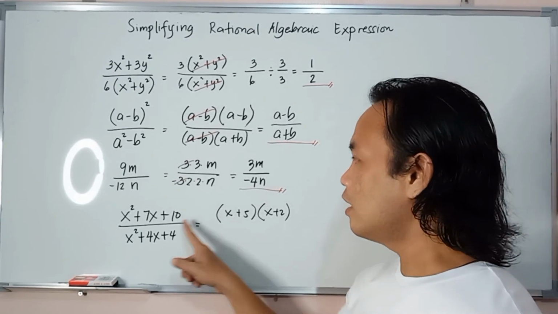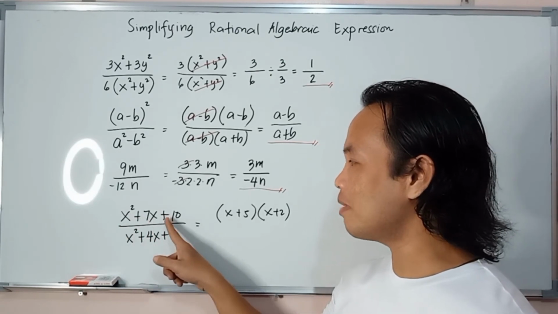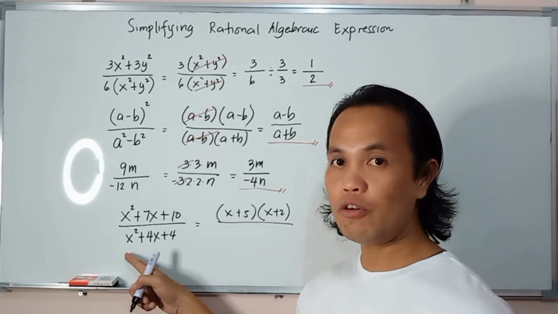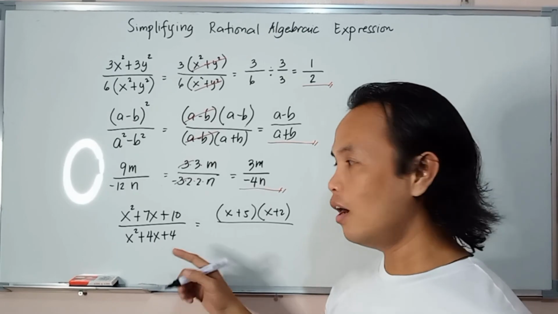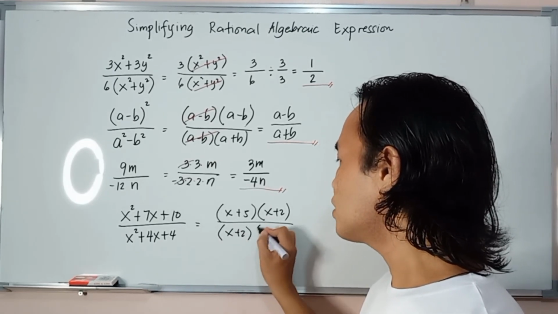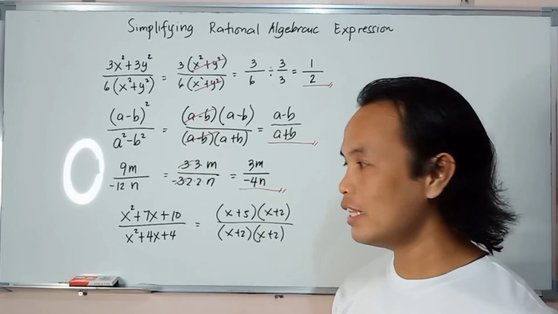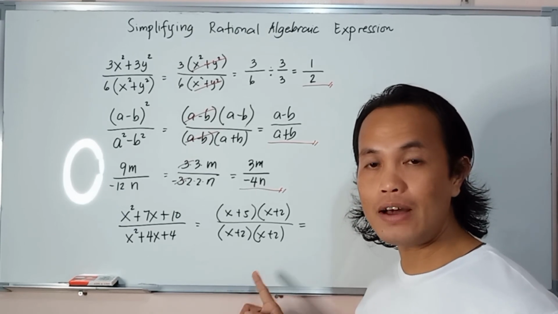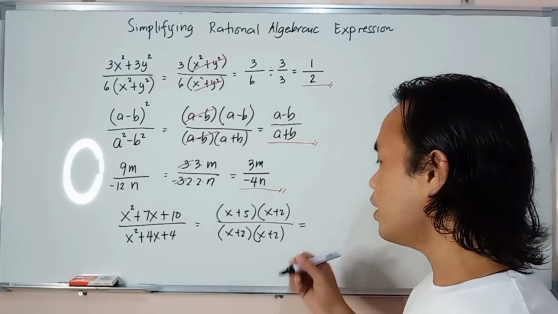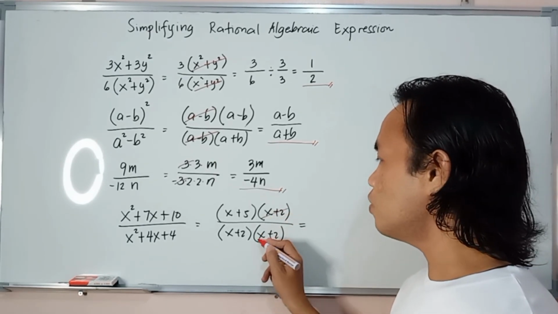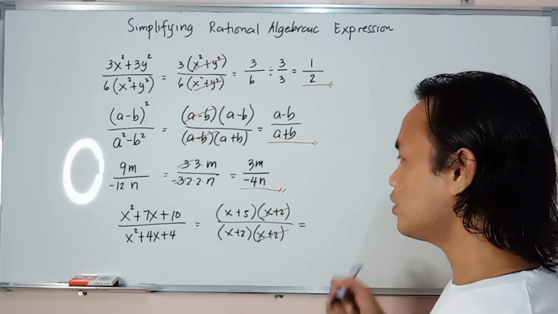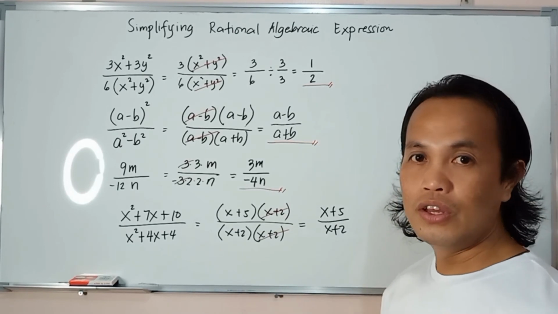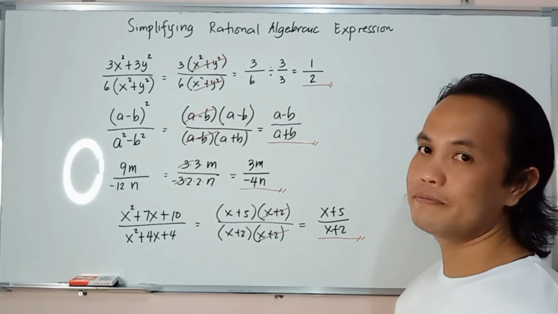So the factors of this trinomial x squared plus 7x plus 10 are x plus 5 times x plus 2, over the factors of the trinomial x squared plus 4x plus 4, which are x plus 2 times x plus 2. Since this is a perfect square trinomial, the factors are the same. So we cancel out the common factor in the numerator and denominator. In this case, we have x plus 2 and x plus 2. So what remains shall be x plus 5 over x plus 2. So this is now our final answer.